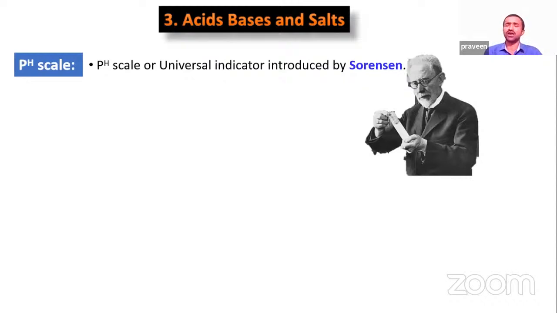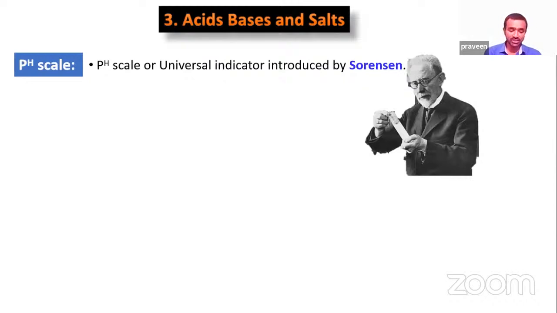So what is the difference? Already we have pH solution to find the acidic nature, basic nature and neutral nature. Why do you prefer, or why do we need one more indicator, sir? This pH indicator will help you to find the strength of the given substance, whether acidic or basic or maybe neutral.